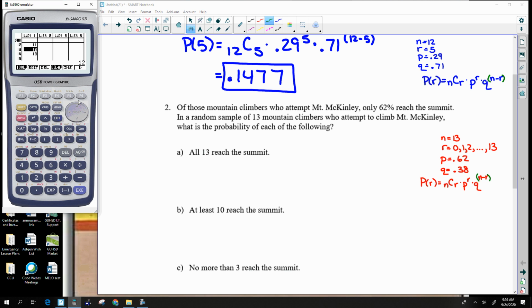Okay, again, make sure you start these lists with 0. Don't start them at 1. Okay, make sure those lists start at 0. Okay, so again, notice how a lot of these probabilities are itty bitty.